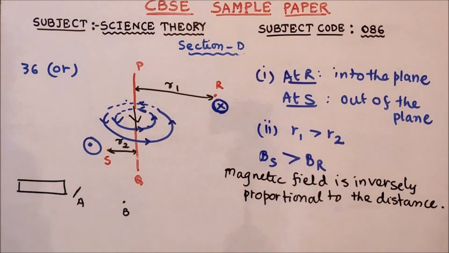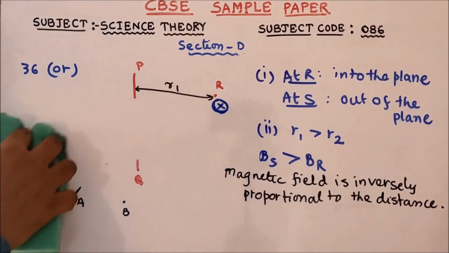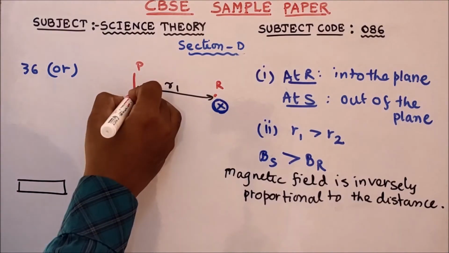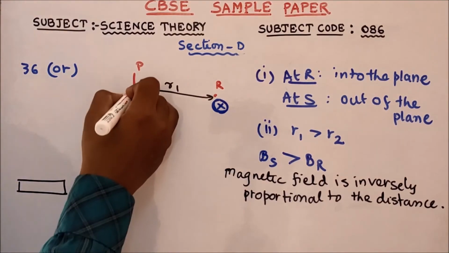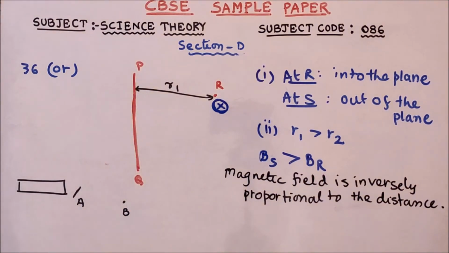Now again I'll use the right hand thumb rule. Let me rub these lines so that it will be clear. So this is our current carrying conductor, and I have changed the polarity. So the direction of the current will be opposite.